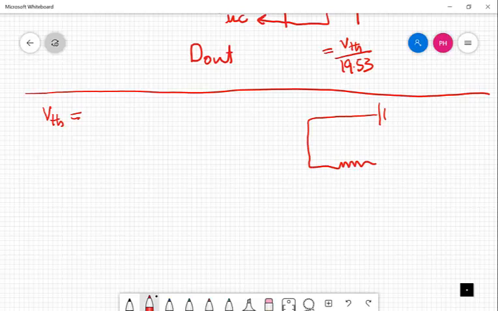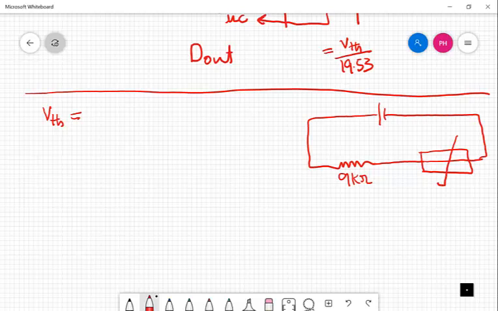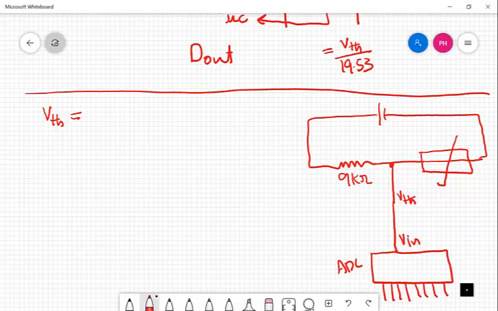This is my resistance of 9 kilo ohms, and this is my thermistor, and this voltage here is VTH. This voltage becomes V in for my ADC, and then I get 8-bit data that I called D out, that I feed to the microcontroller.